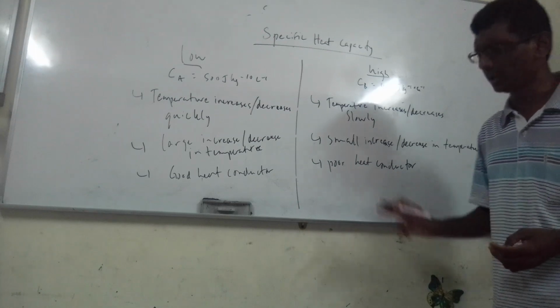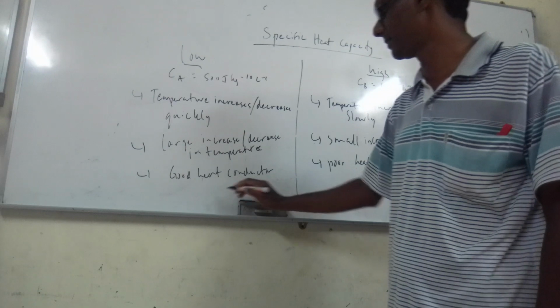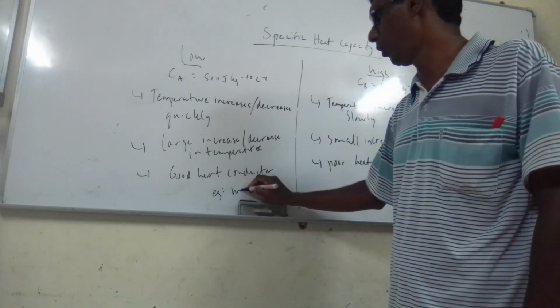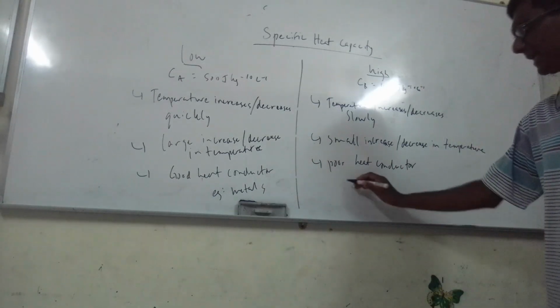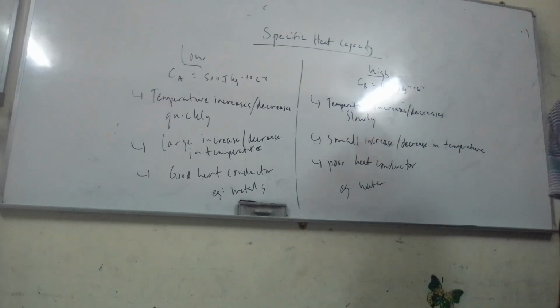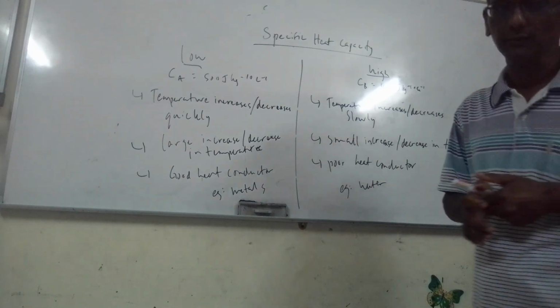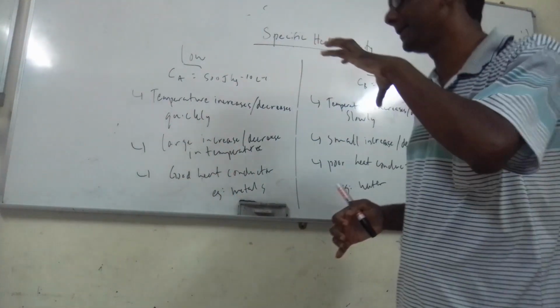For example, all metals are good heat conductors. An example of a poor conductor is water.